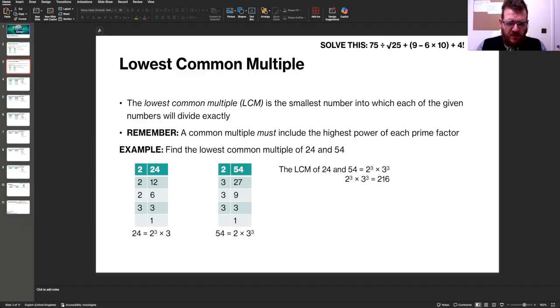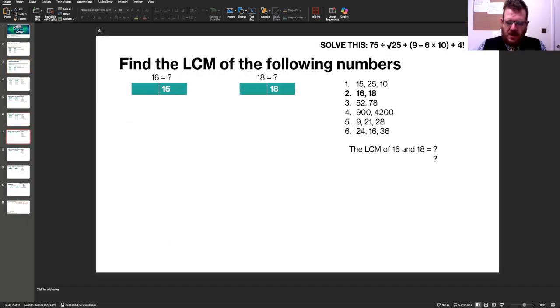So a common multiple must include the highest power of each prime factor. Bear that in mind as we go into these. We'll do 16 and 18 first. So we'll do 16 first.